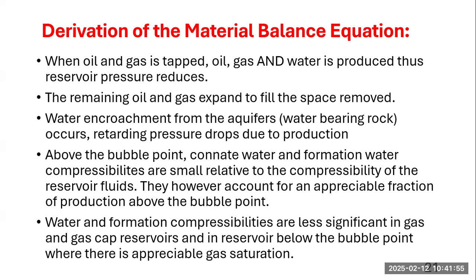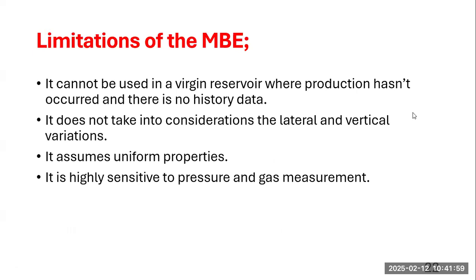Okay, so let's go on. Let's look at the limitations of the material balance equation. It cannot be used in a virgin reservoir where production hasn't occurred and there is no history data. You remember the slide where we discussed in part one the requirements of the MBE. There has to be history data of that reservoir, that is, production data of that reservoir.